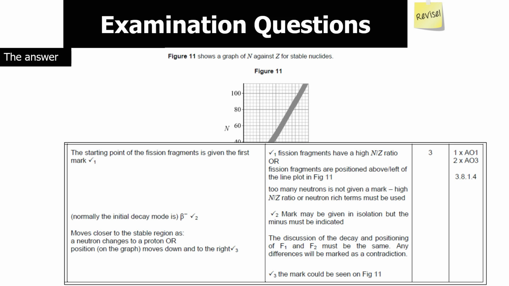The issue with both the fragments is that they'll have a high ratio of neutrons compared to protons, N to Z. That tells us that we've got too many neutrons compared to protons, so we want to move closer to the stability belt. As a result, we've got to turn a neutron into a proton, so it's going to have to be beta minus decay, because in that process you're turning a neutron into a proton, so it will move closer towards that stability belt.